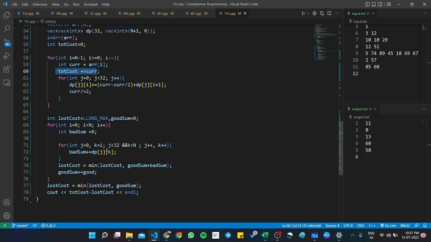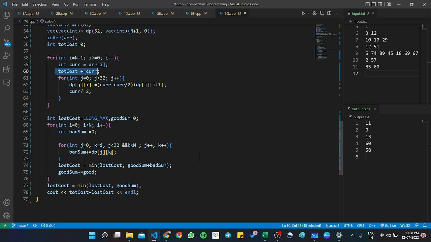I start from the ith index to n index, and since there are only 30 rows, I iterate from the 0th row to the 30th row. So it will move in a diagonal fashion, which I explained in the algorithm section.